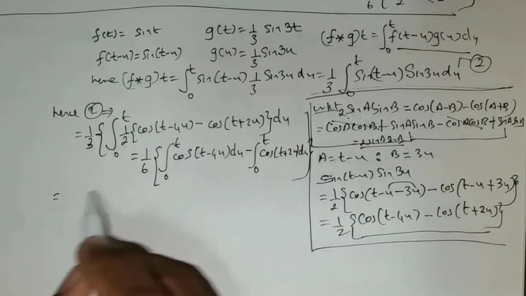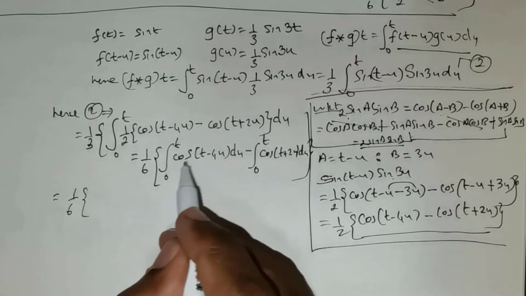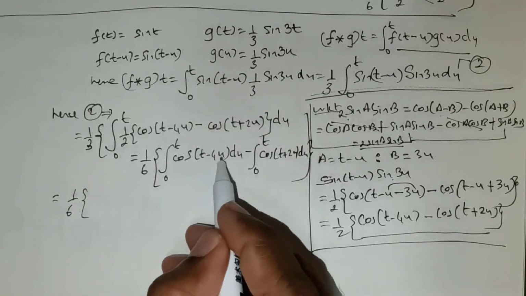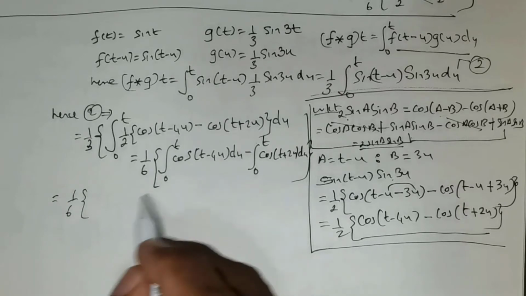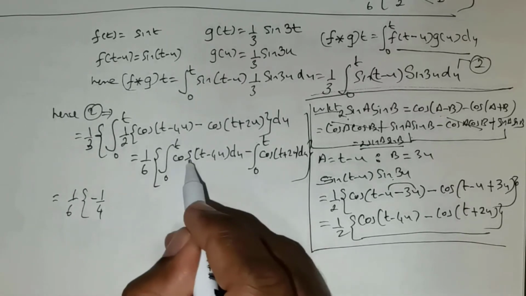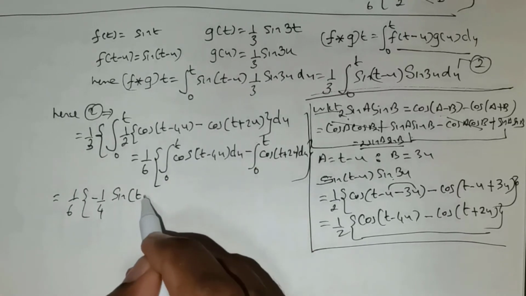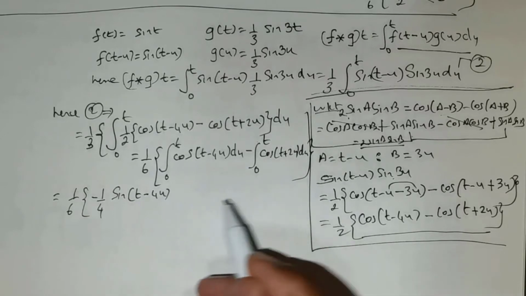Now this can be rewritten as 1 over 6. Now this is cos of t minus 4u. With the u I have a coefficient of negative 4, so I need to multiply it by negative 1 over 4. Integrating cos will give me sine. The argument is t minus 4u. Simple as that.